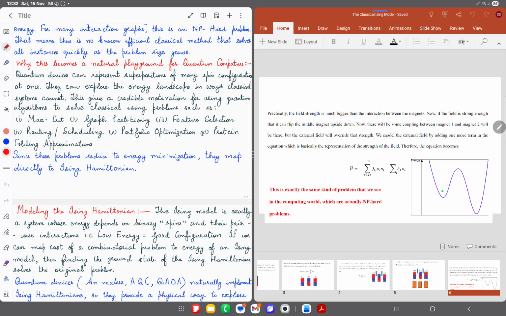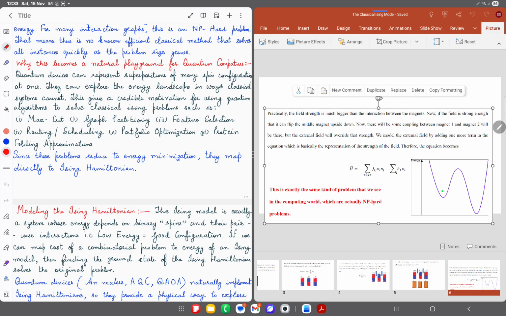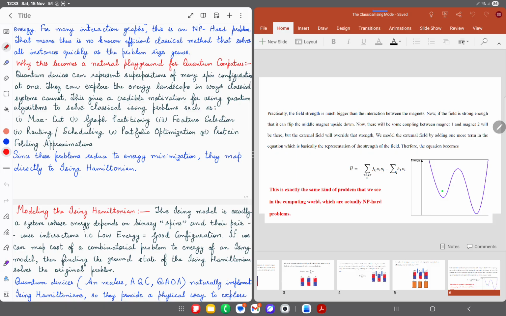So this equation is the classical Ising model equation, and this type of equation is exactly the same kind of equation that we see in the computing world, which are actually NP hard problems. So if we try to model the NP hard problems, the overall Hamiltonian actually comes out to be like this.